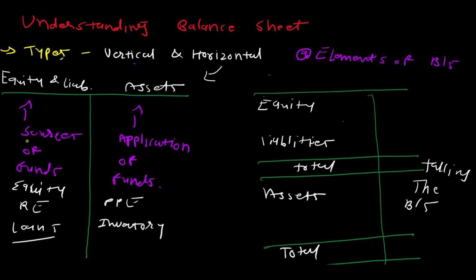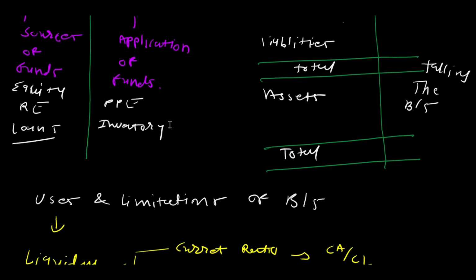Sources means from where the company gets the money, for example from the equity, retained earnings or loans, and where it uses that money is called the application of funds: property, plant, equipment, inventory, and other things where it invests or spends the money.